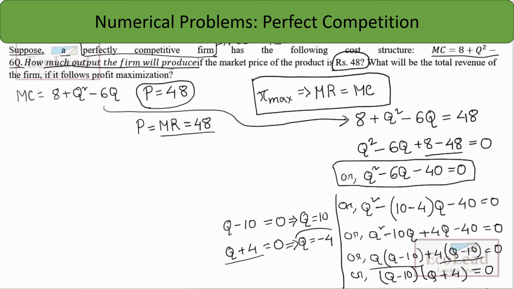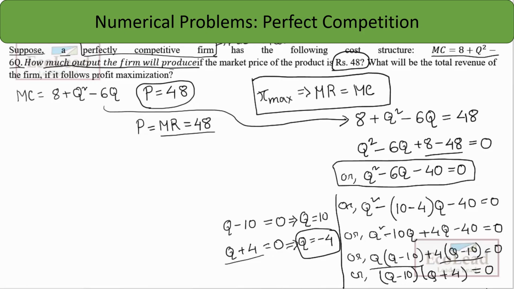Q equal to minus 4 is not a solution. Although mathematically it is a solution, we cannot consider it as q because a negative q doesn't make any sense when we are trying to find the output level or the production of a particular firm.